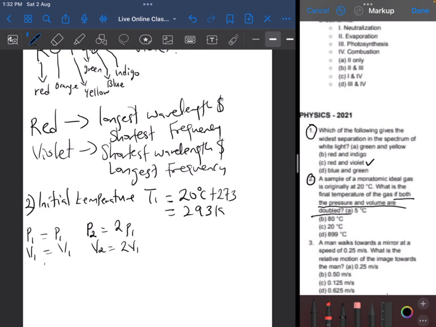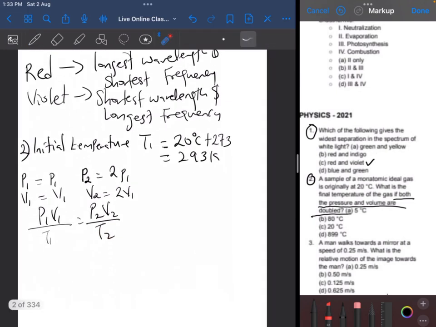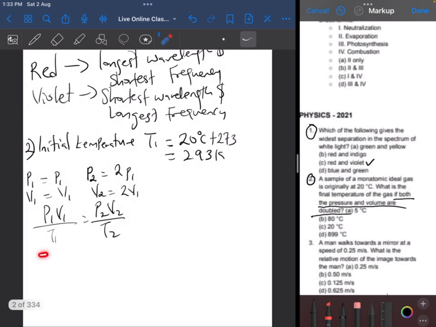Let's continue. We'll be using the combined gas law, also called general gas law, which states P1V1 over T1 equals P2V2 over T2. We are looking for the final temperature, which is T2. Making T2 subject of formula gives T1 P2 V2 all over P1 V1 equals T2.